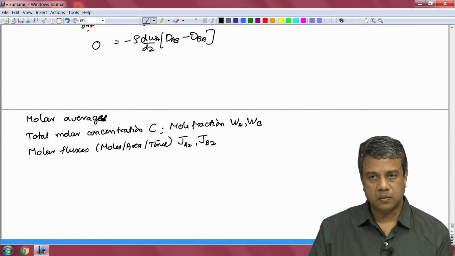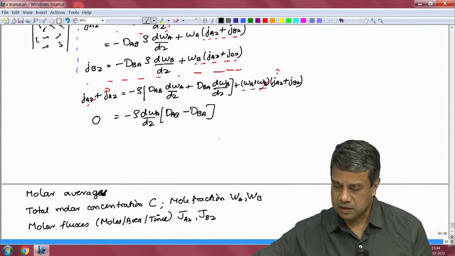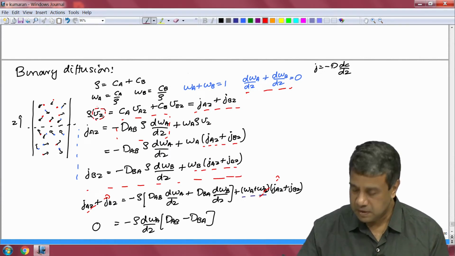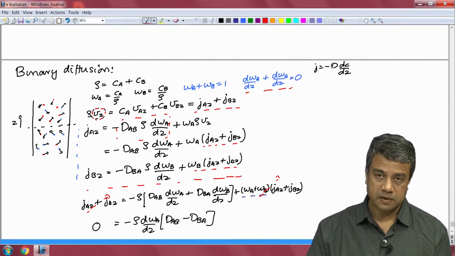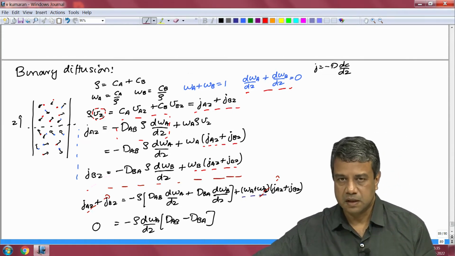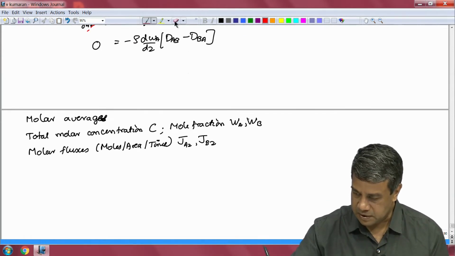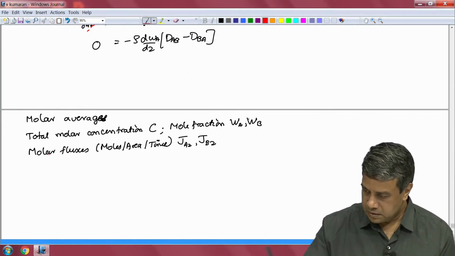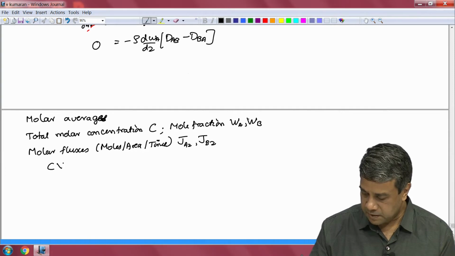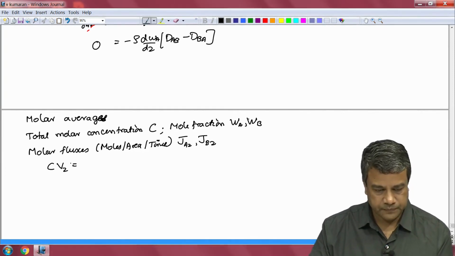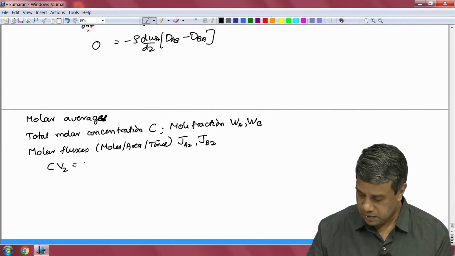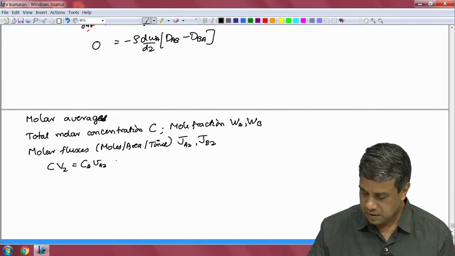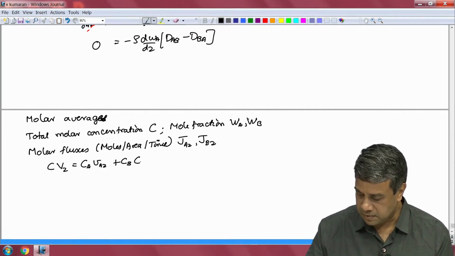Then the total molar averaged velocity. Note that the velocity Vz that we had earlier is the mass averaged velocity, based upon the mass densities of the two species. This is a molar average velocity, and it is defined by the relation C times capital Vz is equal to the molar concentration of A times VAz plus the molar concentration of B times VBz.